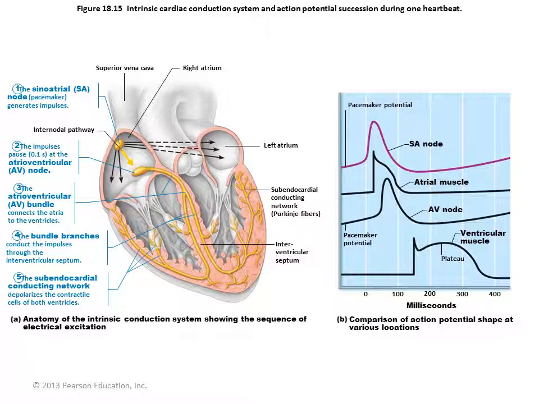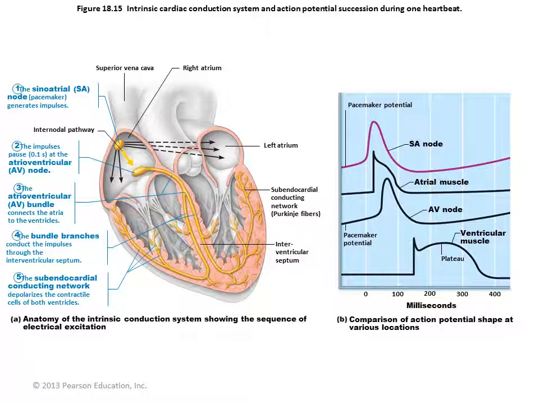AV bundle, or bundle of His, is in the superior interventricular septum, and this is the only electrical connection between atria and ventricles, which are not connected via gap junctions. Right and left bundle branches are two pathways in the interventricular septum, and they carry impulses toward the apex of the heart.